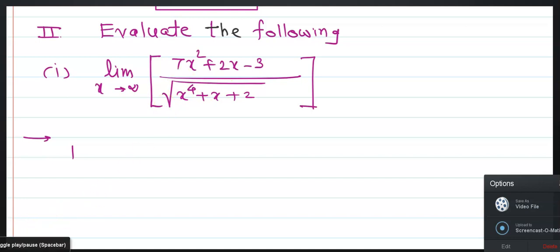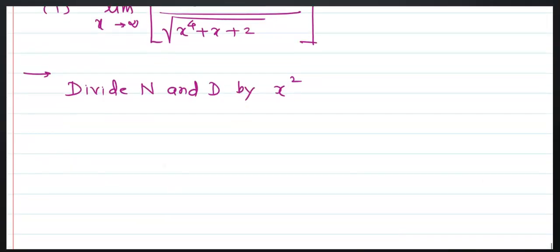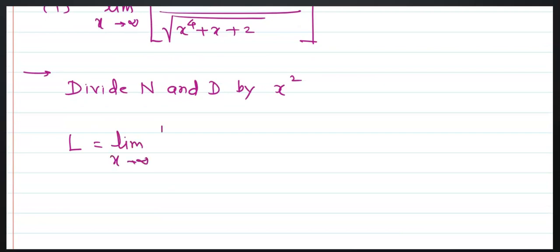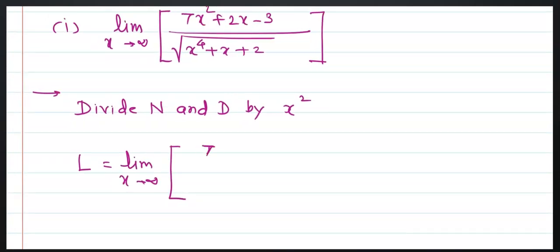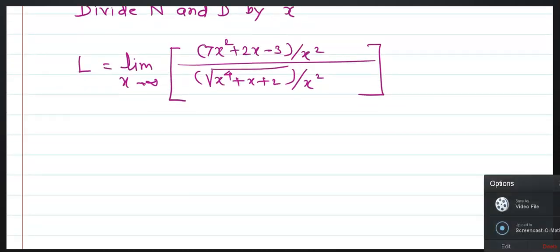Now, see this. Divide numerator and denominator by x². Limit x tends to infinity, (7x² + 2x − 3) upon x².